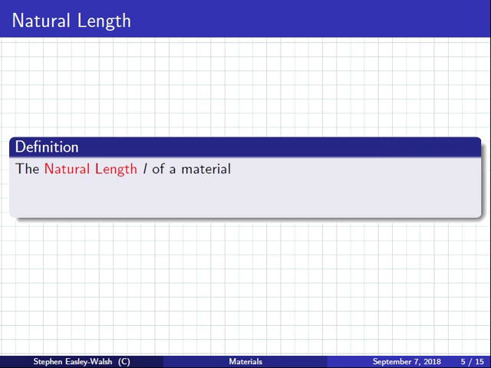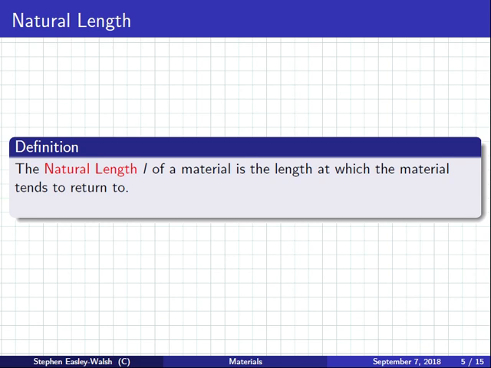You said of a thing. Yeah, of a material is the length at which the material tends to return to. Tends to return to. This means the shape it wants to move back to. So if you pull something and let go, it moves back to the length when there was no force. This is the natural length.